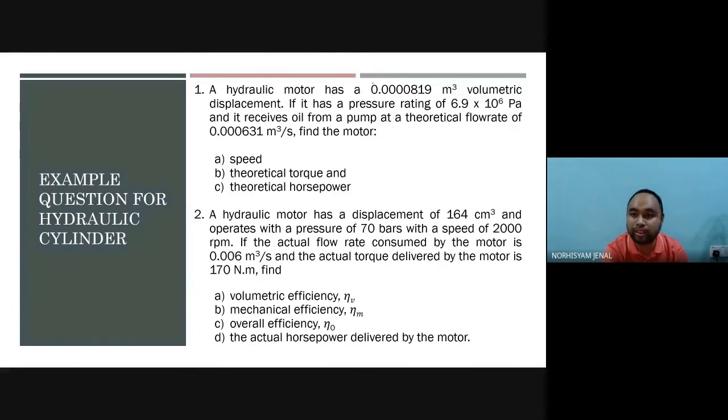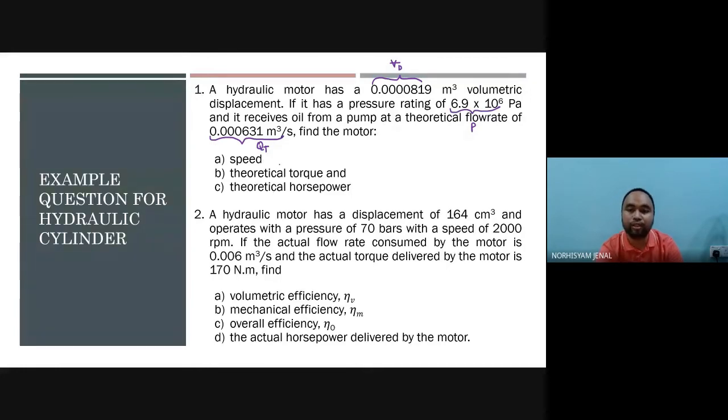So this represents VD. If it has a pressure rating of 6.9 times 10 to the power of 6 Pascal, this is the pressure. And receive oil from a pump at a theoretical flow rate, this is QT. So find the motor speed, theoretical torque, and theoretical horsepower.